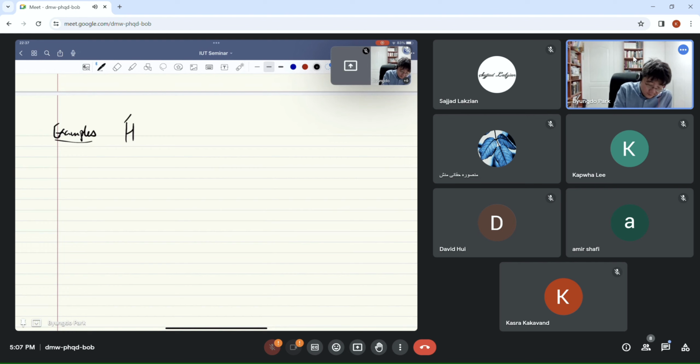So if you look at the definition carefully, then degree zero differential cohomology is actually zero.